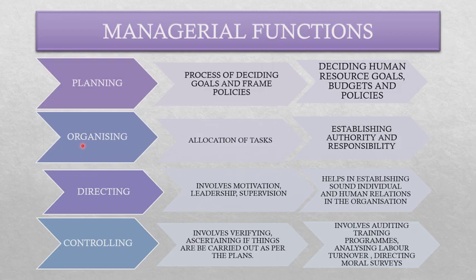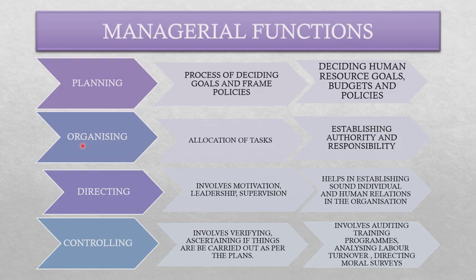Then you have a food department, which looks after what food is to be carried and what budget is required. One department will be your finance department, responsible for collecting money. So you're basically dividing the task among yourselves.